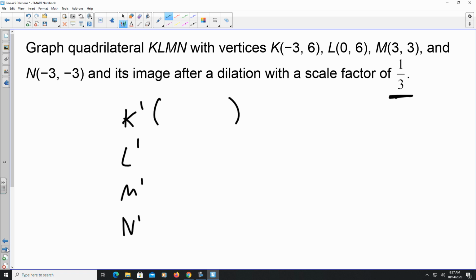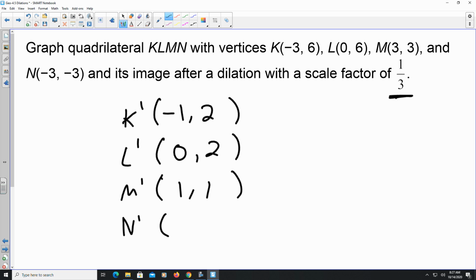K prime is going to be (-1, 2) when I multiply it by 1/3. L prime will be (0, 2). M prime is going to be (1, 1), and N prime is going to be (-1, -1).